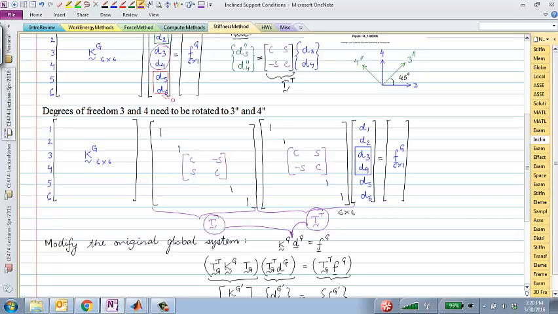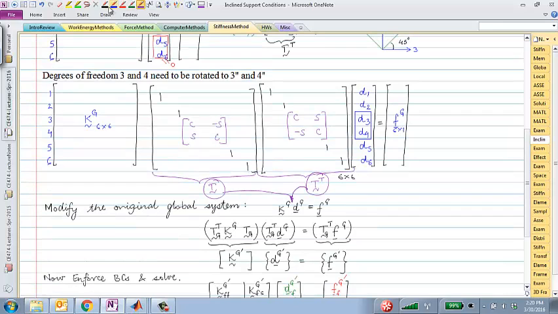So if I insert T times T transpose, which is an identity matrix, between this matrix and vector multiply, that doesn't change anything, right? That doesn't change the global equilibrium equation. And in addition to that, what we'll also do is take the entire equation and pre-multiply that by T transpose.